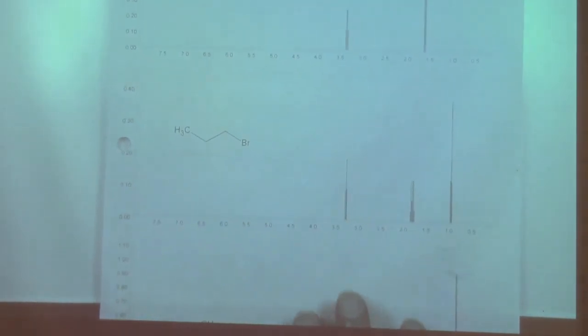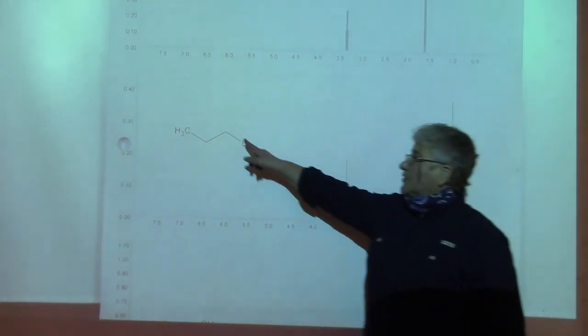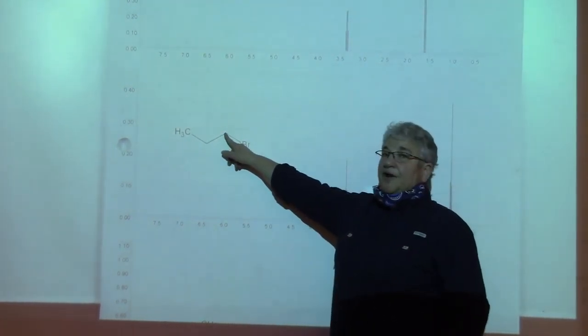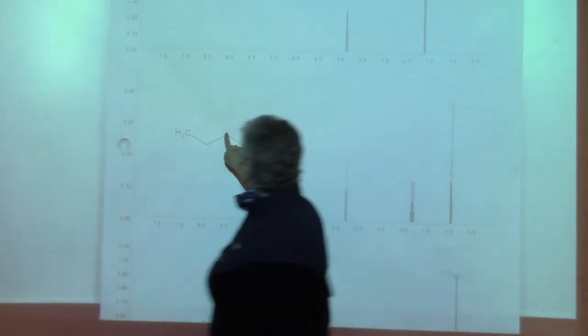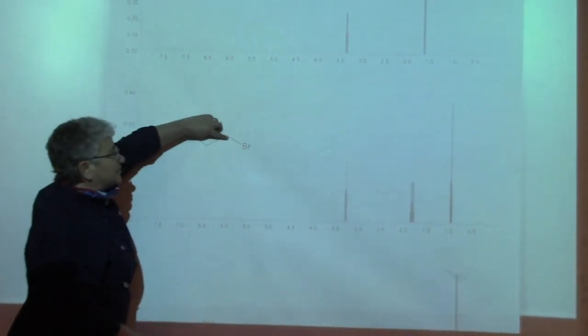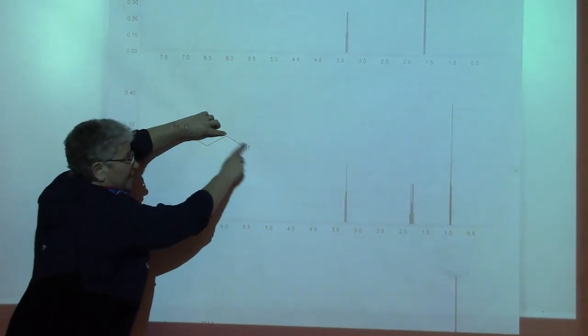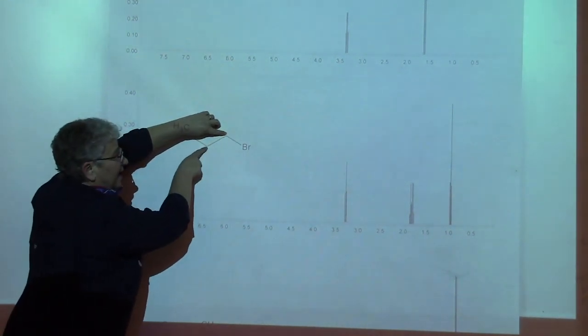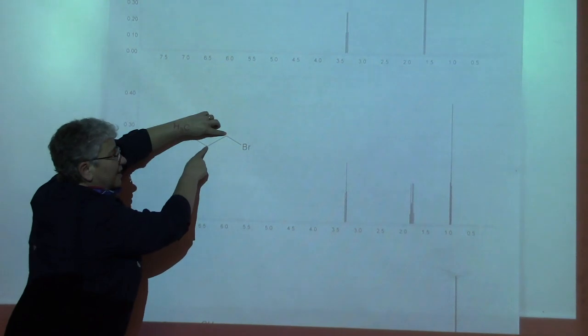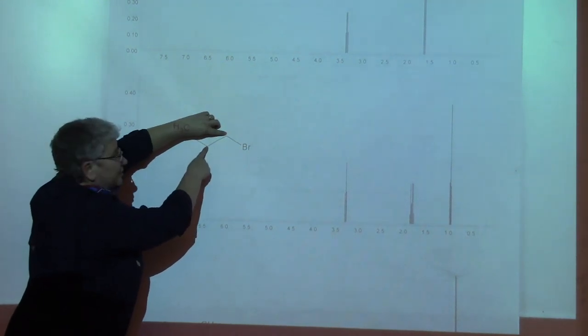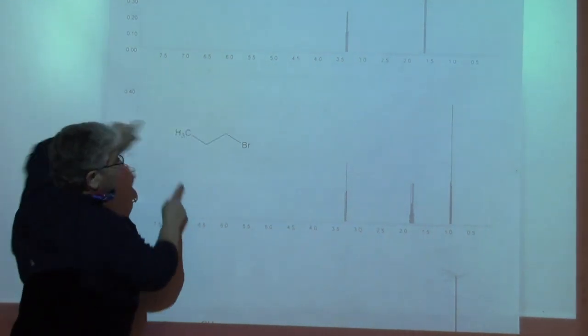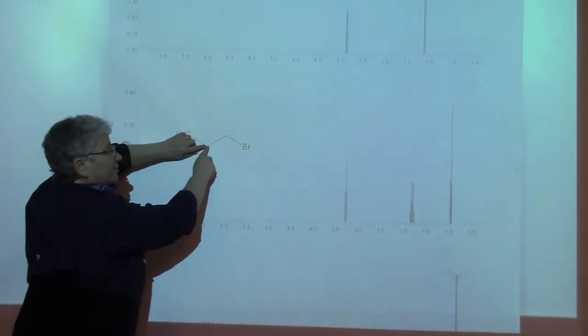Let's look at the one underneath it. Again, integration is 2. How many hydrogen neighbors? Go to this carbon, I don't have any neighbors on that side. Go to the neighboring carbon. How many hydrogens are on this carbon? 2. Remember, we're not going multiple out, we're just going to one carbon.